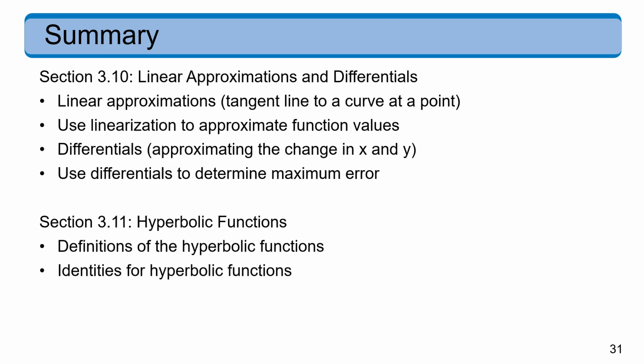Then we established some identities, and we saw these identities were very similar to corresponding trigonometric identities. And then finally, we looked at the formulas for the derivatives of all 6 of the hyperbolic functions and did some practice using those formulas.